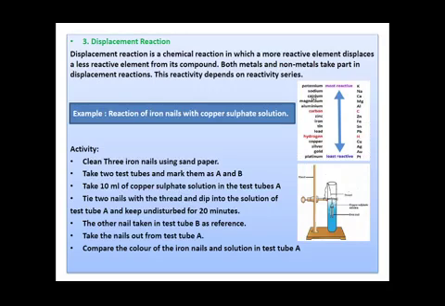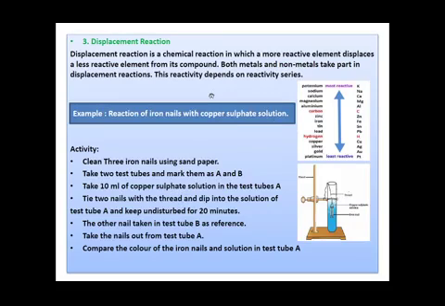So the elements which are at the top of the reactivity series are the most reactive elements, while those which are at the bottom of the reactivity series are the least reactive ones. So what is happening in displacement reaction? In displacement reaction, an element which is more reactive removes or displaces a less reactive element from a compound.